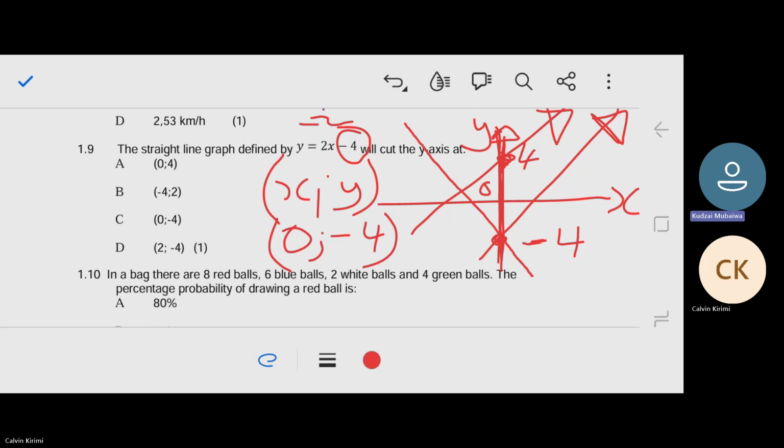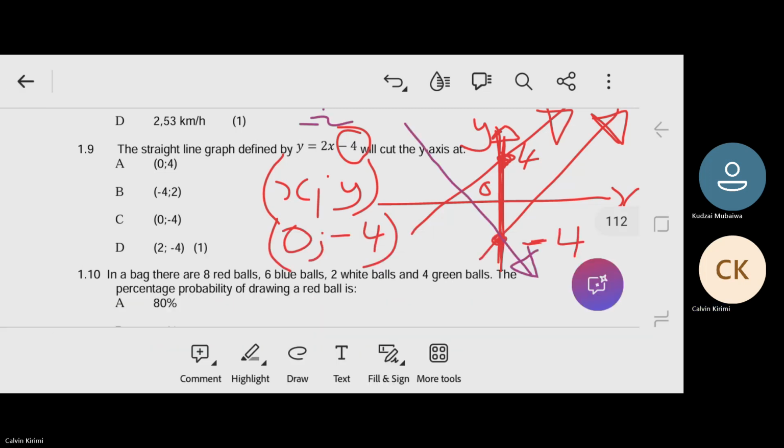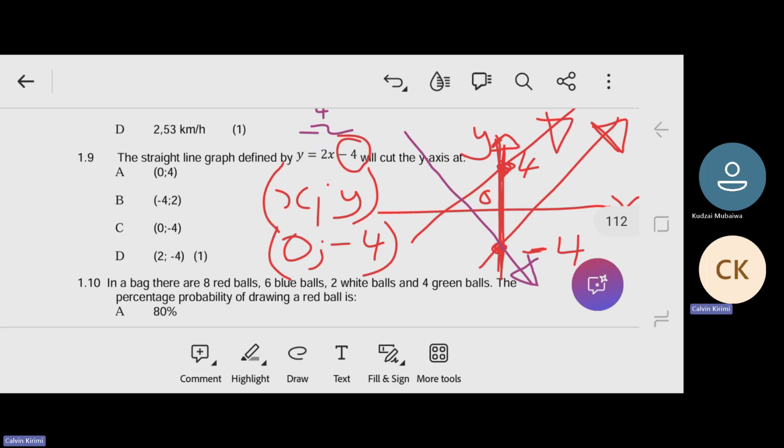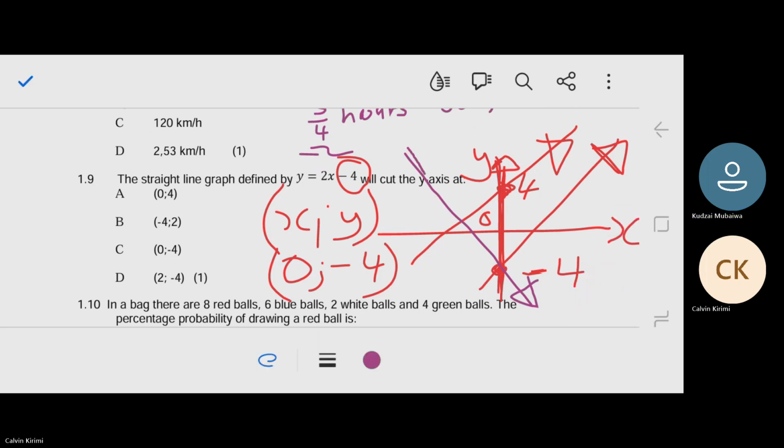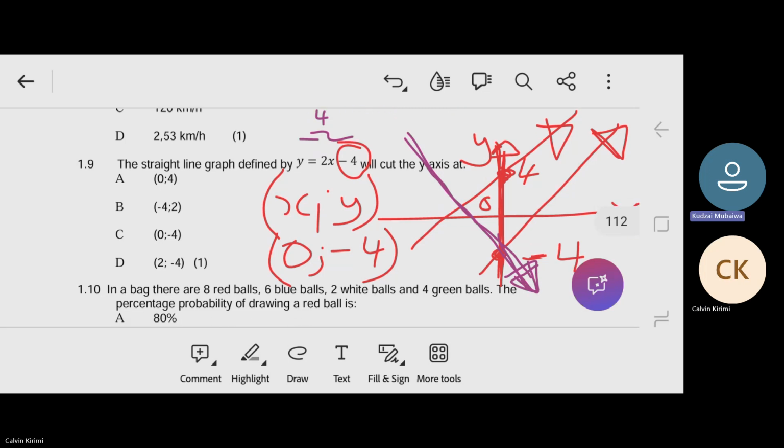Can you see the difference? The graph in purple is for negative 2, facing downwards. So note that, master that. Don't make mistakes.